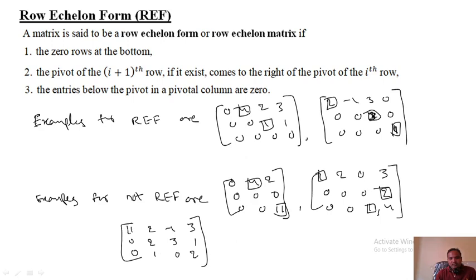This is a pivot and also this is a pivot. For the third one, the pivot does not exist to the left. In this one, in the pivotal column, the second column, below the pivot the entry is not 0. It's not an echelon form. Now we'll see some examples.